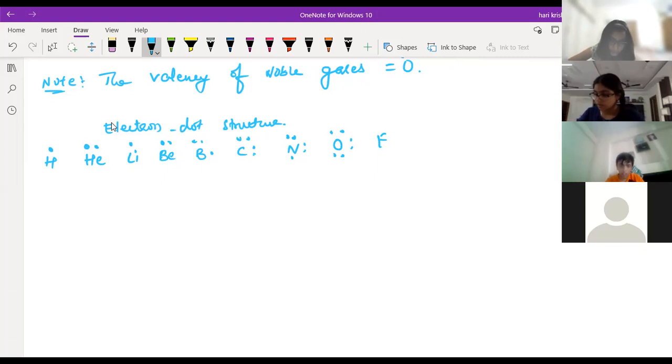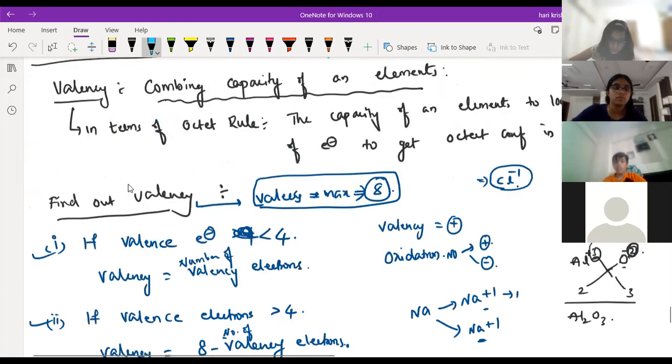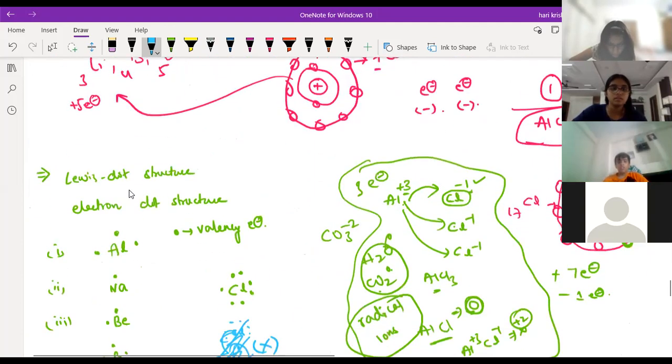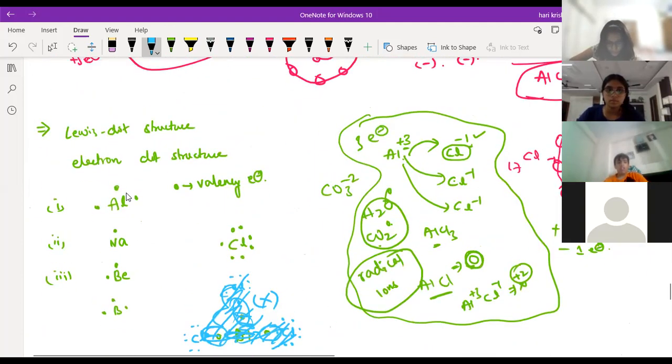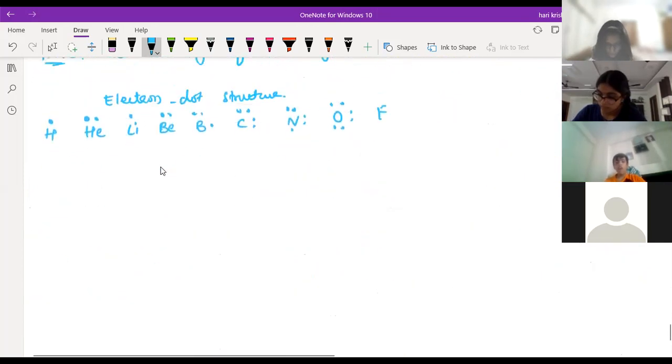First, I explained the electron dot structure concept to you or not? Yes, sir, you did. The dots are nothing but the valency electrons, right? Understanding?